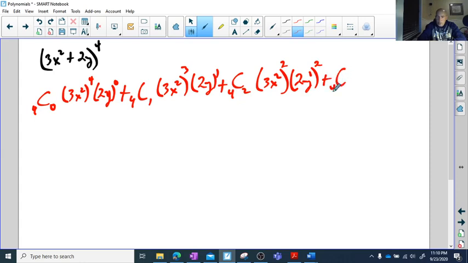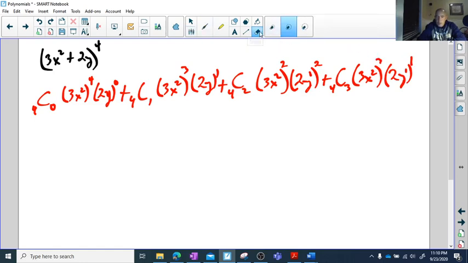Plus 4 choose 3, 3x squared, this one would be cubed, this one would be to the, sorry, I'm going the wrong way. This one would be to the 1, that one would be to the 3.